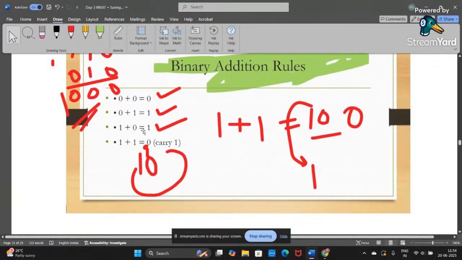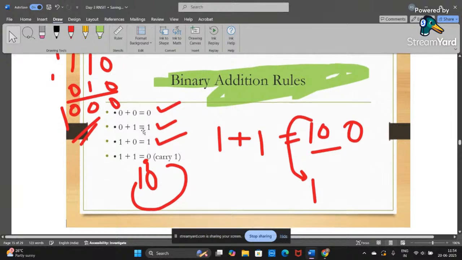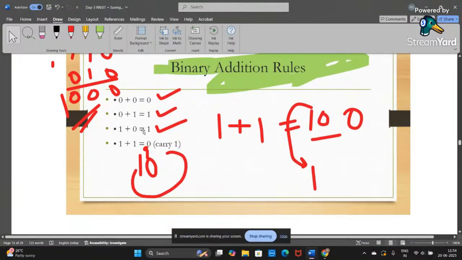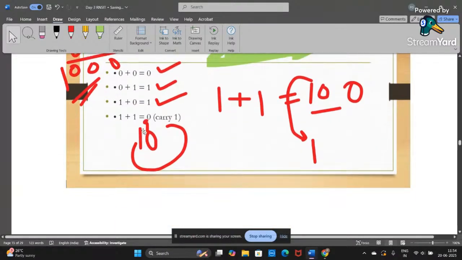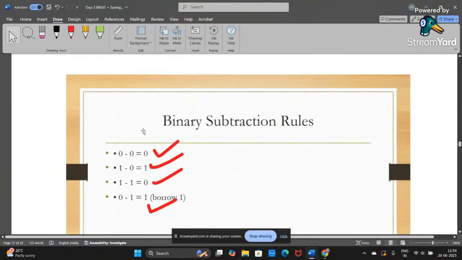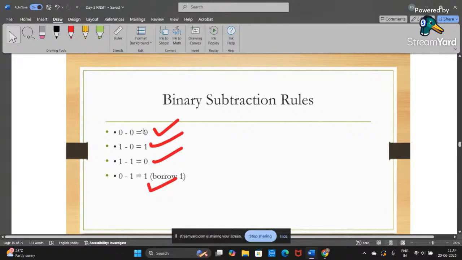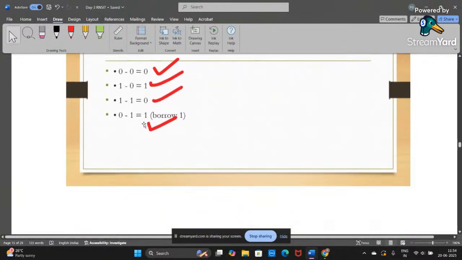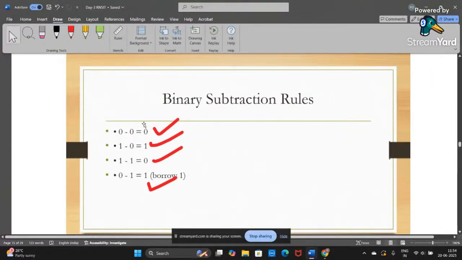Binary addition. This is similar to the decimal addition. But you have to remember 1 plus 1 is 10. You keep only 0 there and carry the 1 forward to the next one. Okay. Binary subtraction is also similar to decimal subtraction. Here we need to borrow, similar to the decimal one, but it is a little trickier.